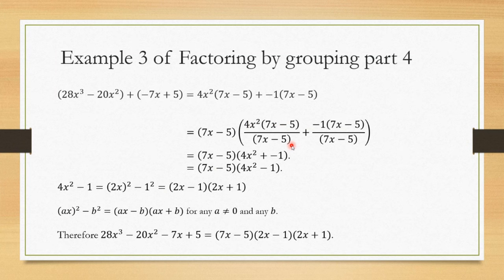We divide it into each term, like so. And of course, there'll be some cancellation. For instance, this cancels with this. This cancels with this. So we have 7x minus 5 times 4x squared plus -1, which is the same as this.